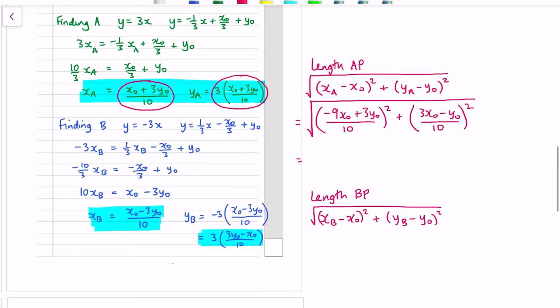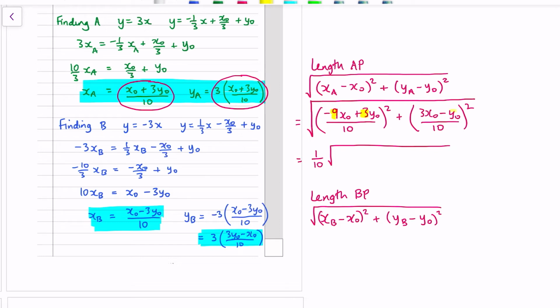What does that equal? Now I can pull the 10 squared out of the denominator, out of the square root. I can pull a 3 out of this one, and I'd have y naught minus 3x naught, which is exactly the same as the other one.